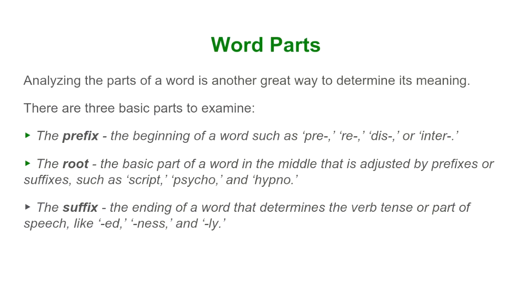For example, we can also look at the root. The root's going to come in the middle, okay? And it will often change a little, be adjusted by prefixes or the suffixes that are added to it. For example, we have script. Script actually means written, like prescription or description.